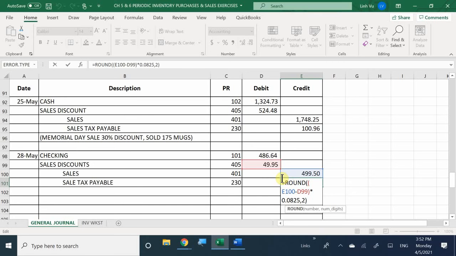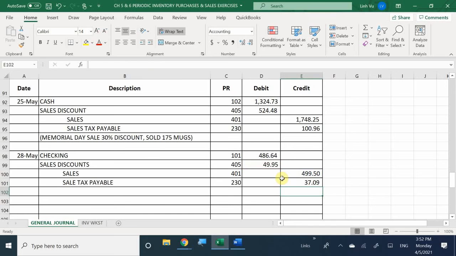So what we did was we told Excel basically 499.50 minus the 49.95 times the sales tax. You kind of have to be very specific on this one. It was the double parentheses that threw me off. Okay, so I got that one.